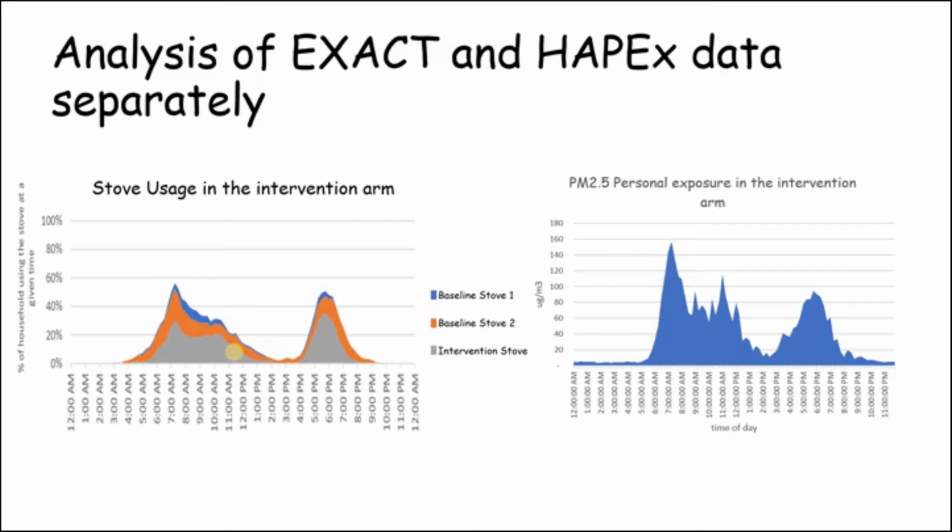And so that's what we get if we analyze independently, on one hand the stove use monitors, on the other hand the PM light scattering sensor. That's really useful, a lot of useful information, but if you just stop here, you actually leave a lot of very interesting data on the table, and so that's why we can go a little further.